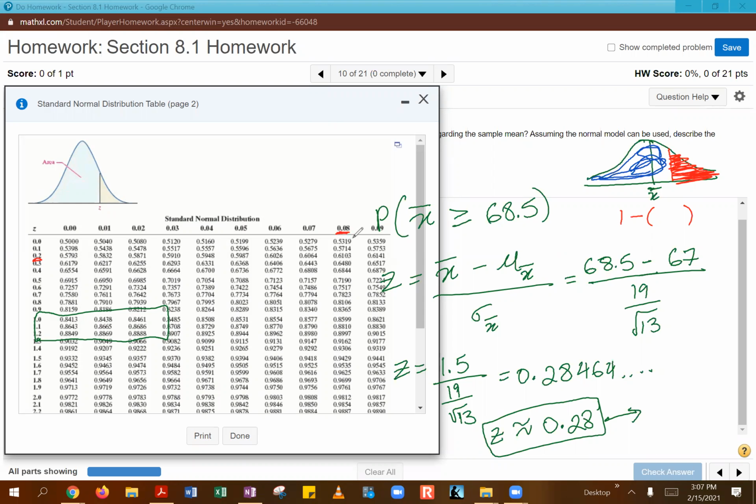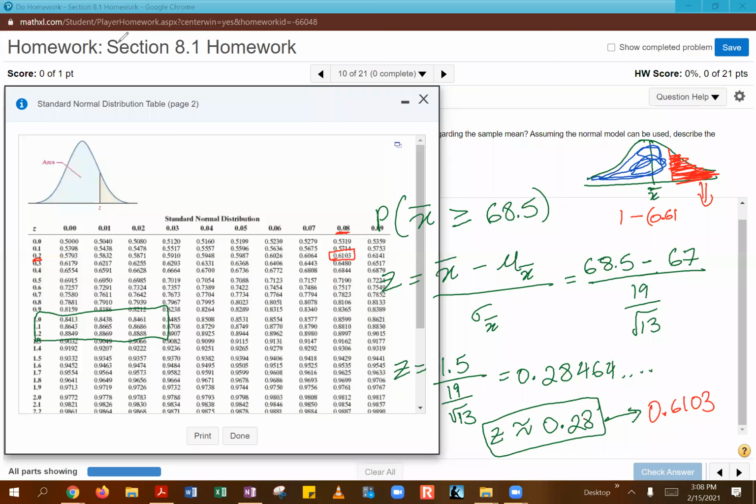And let's see, where will they meet? 1, 2, 3 down here, 6103 or 0.6103. So this z-score of 0.28 is giving us the value of 0.6103, but this is not our answer. Remember, you got to do 1 minus 0.6103 to find what the area of this red shaded part is going to be.